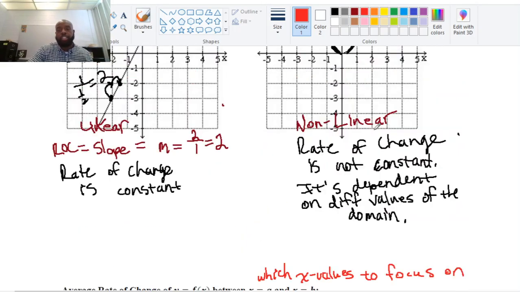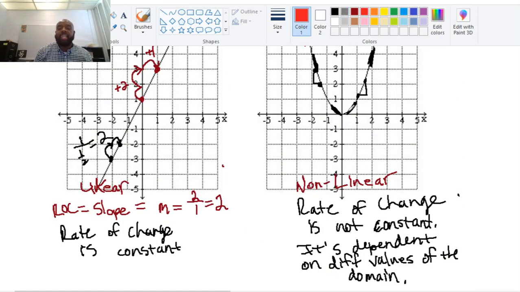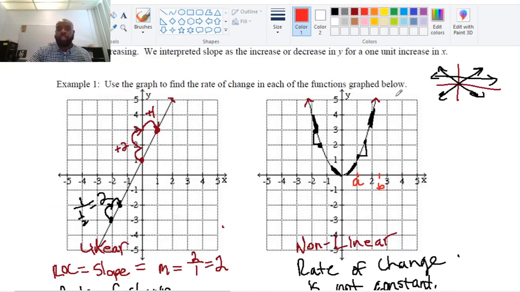I'm going to go back to this picture. Let's say that I selected, okay, I know this is a 1, but I'm going to call this a and I'm going to call this value here b, all right? Then I find the point with that x coordinate, I find the point with this x coordinate here.